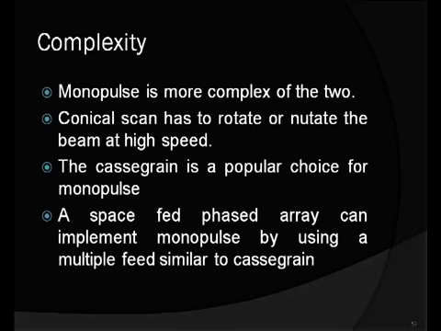Monopulse is more complex of the two. Conical scan has to rotate or nutate the beam at high speed. The Cassegrain is a popular choice for monopulse. A space-fed phased array can implement monopulse by using multiple feeds similar to Cassegrain.